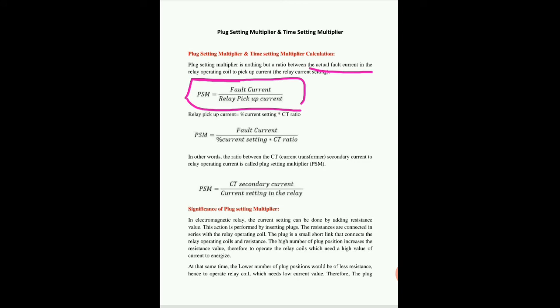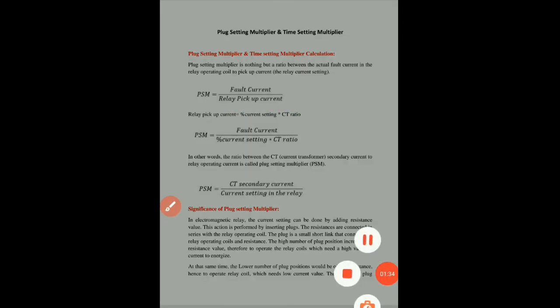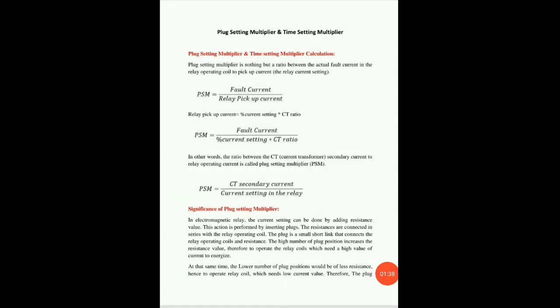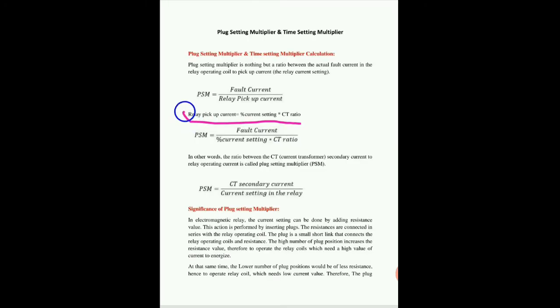For the determination of relay pickup current, we have to use this formula: percentage current setting multiplied by CT ratio.